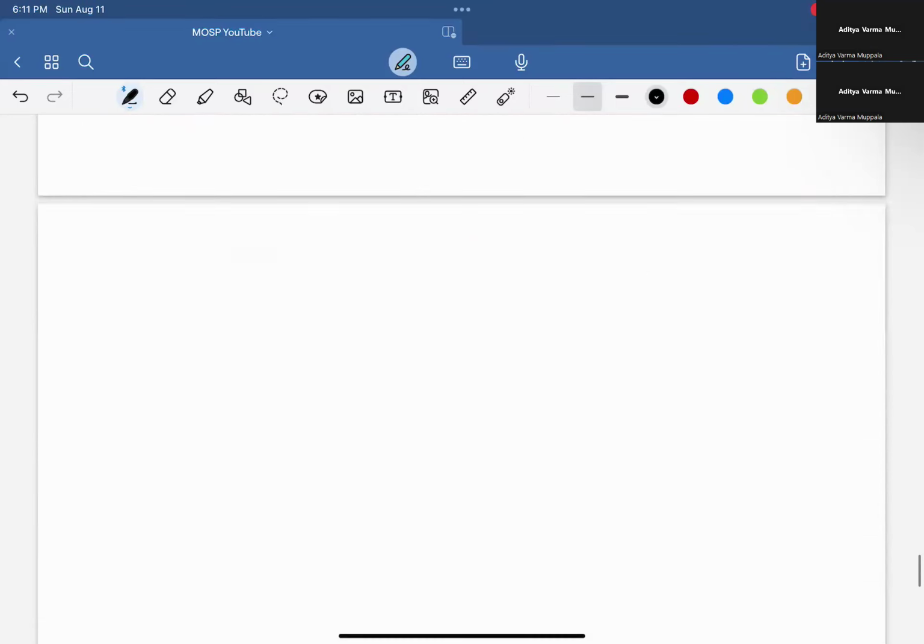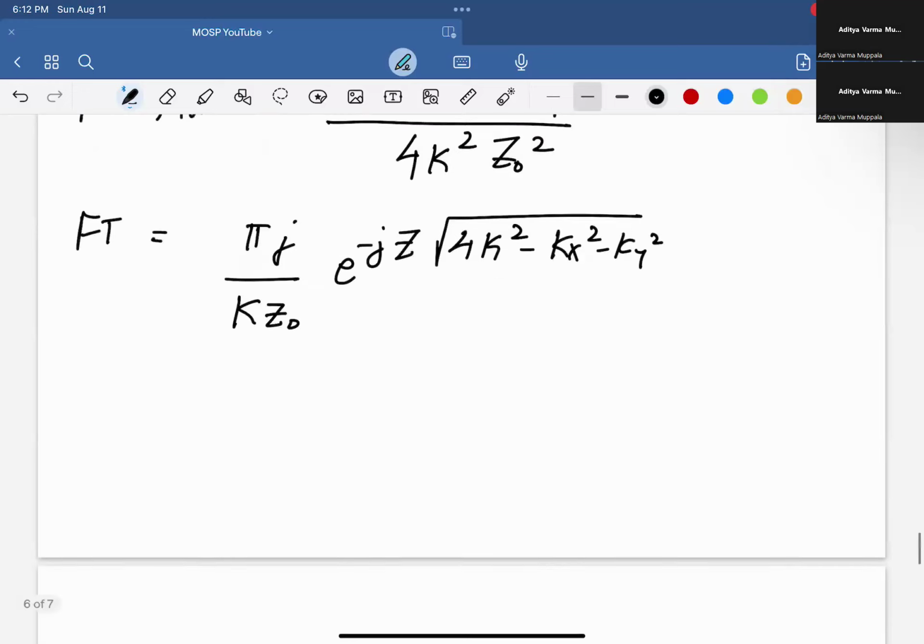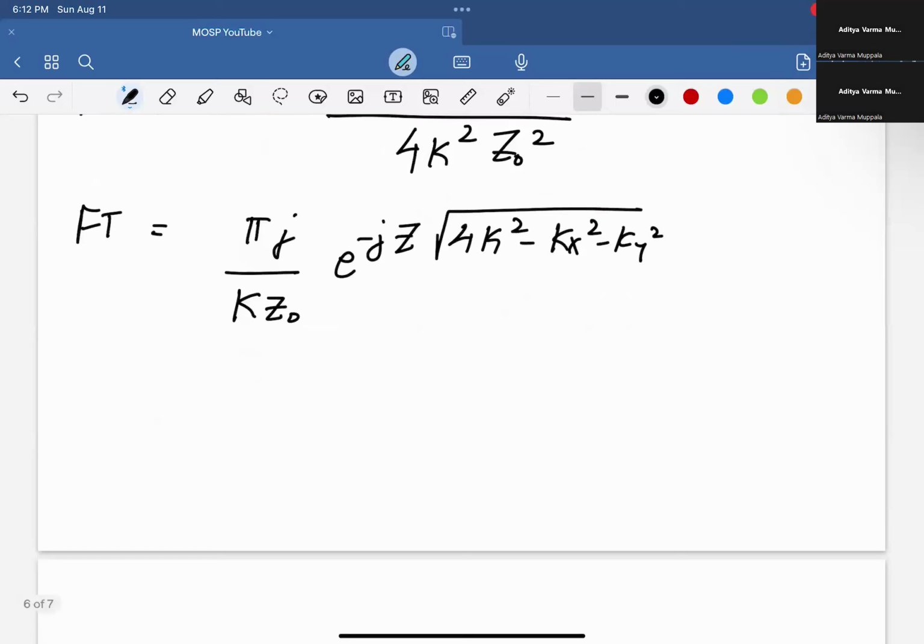Again, you can use the spatial translation properties to find the result for a generalized function like x minus x prime squared, y minus y prime squared, and so on. I can write that out.